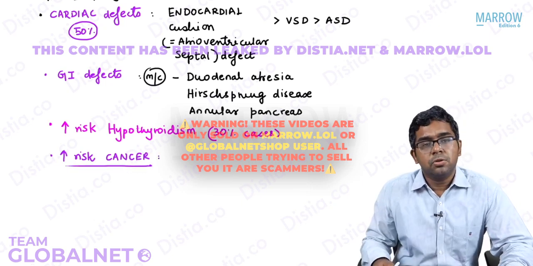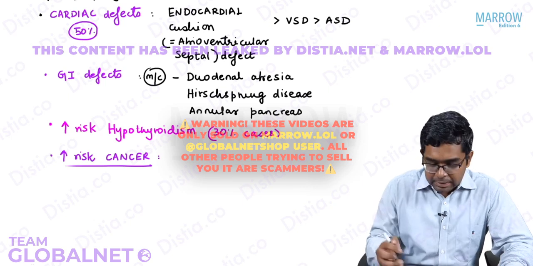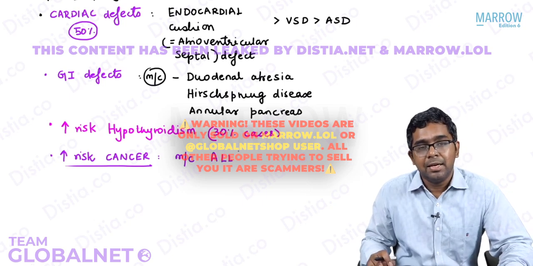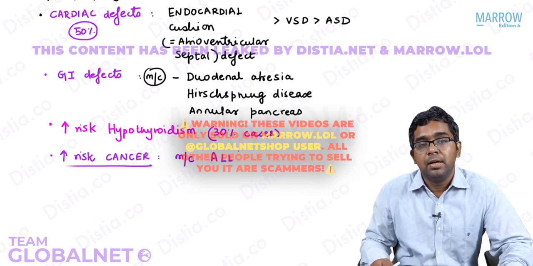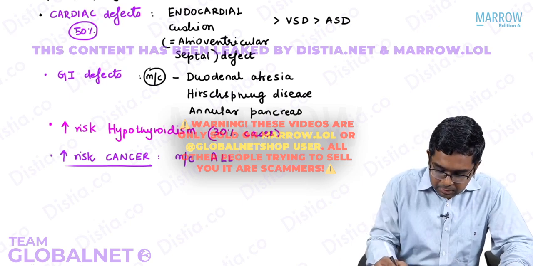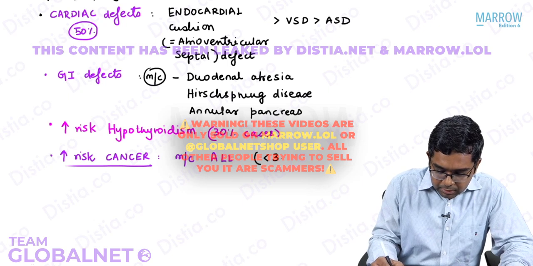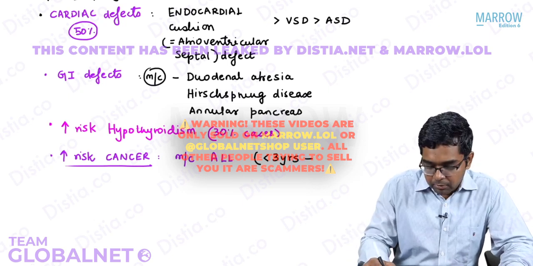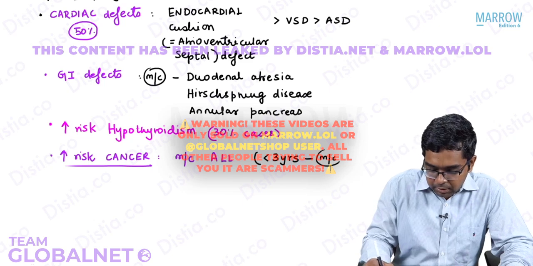The most common cancer encountered is acute lymphoblastic leukemia. This is a commonly asked exam question. ALL is the most common type of leukemia encountered in Down syndrome. However, if the question is asking specifically, in a child less than 3 years with Down syndrome, what is the overall most common leukemia, then your answer has to be AML.